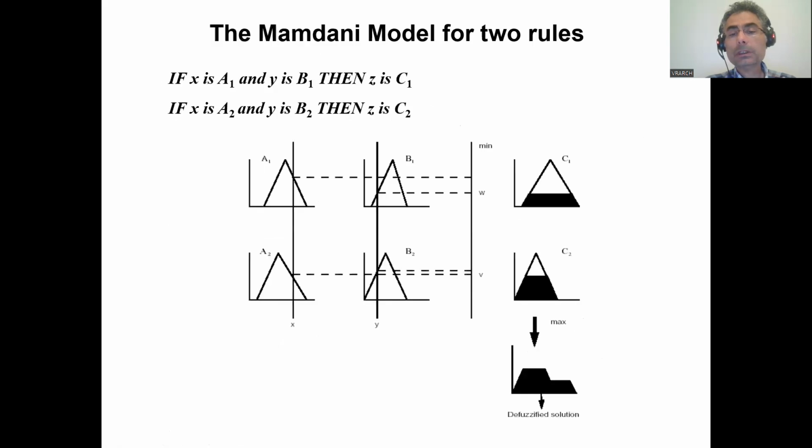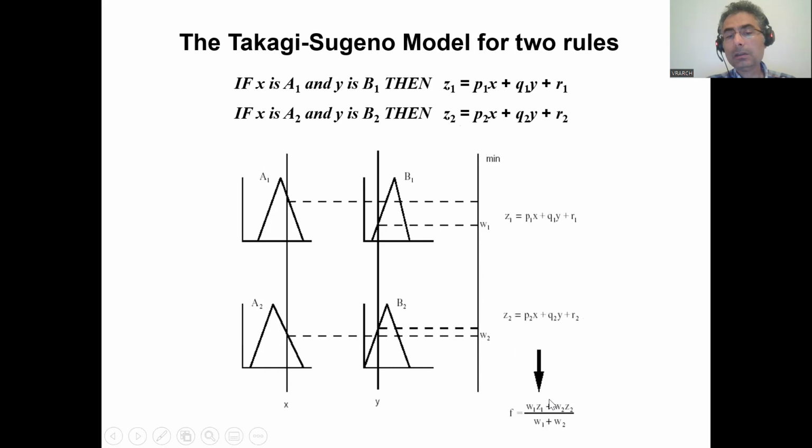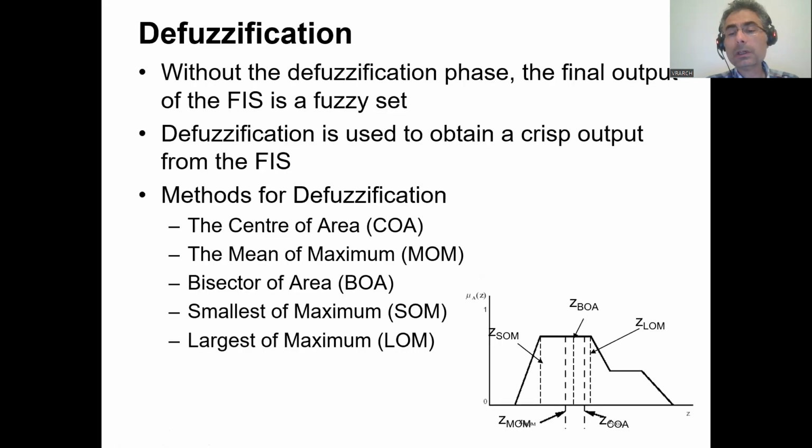So for example, this is the center of area, and the center again, because you are taking the weighted average of this. So this is very much used, but the others also can be used. But if you have a way of putting this in computational terms and trying everything, you will be able to see which method may be better in your applications.